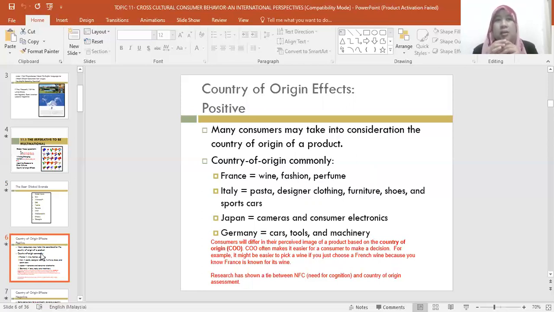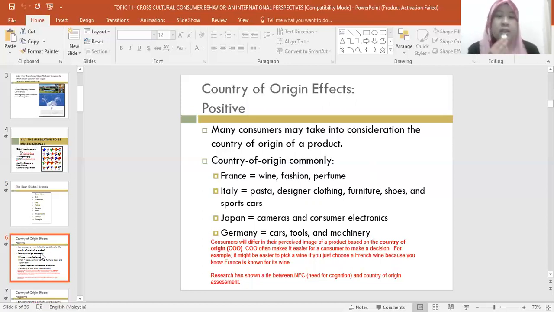We only recently know Grab services and Food Panda, but they were already 10 years or maybe 5 years ahead of us with food delivery and so forth, because their standard is higher than ours. And consumers will differ in their perceived image of the product based on the country of origin.